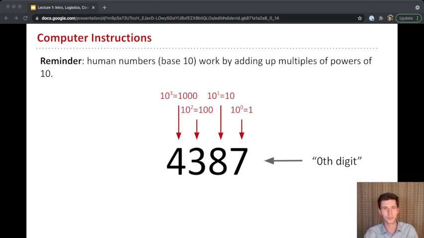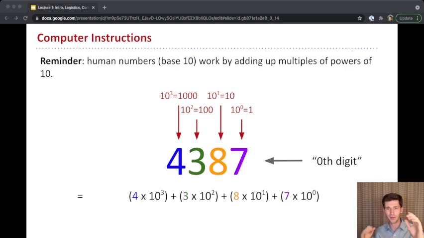And so if I color code these, we can see that the way that we get the total value of this number is by multiplying each digit by the value of the place that it is in. So 4 is in the thousands place, so it's 4 times 10 to the third, plus 3 times 10 to the second power, plus 8 times 10 to the first, plus 7 times 10 to the 0th power, which is just 1.